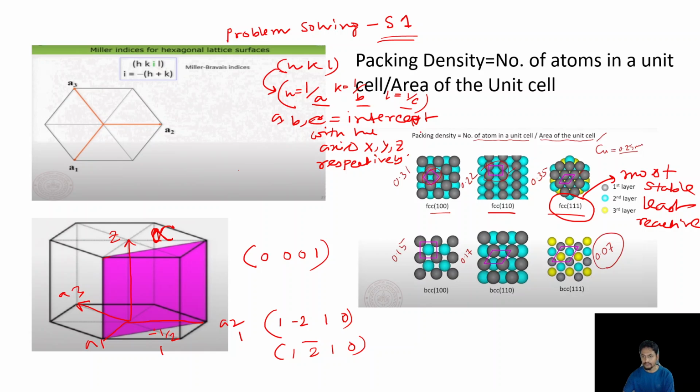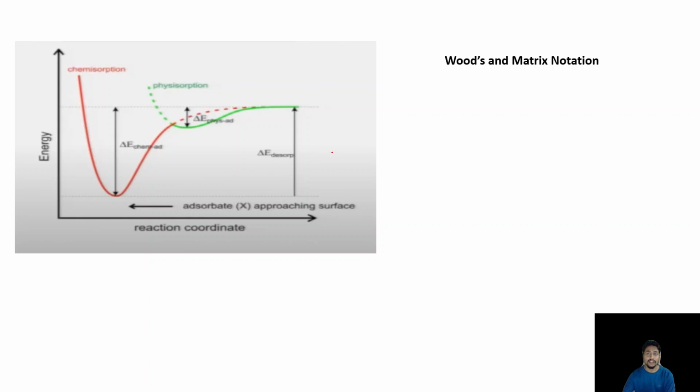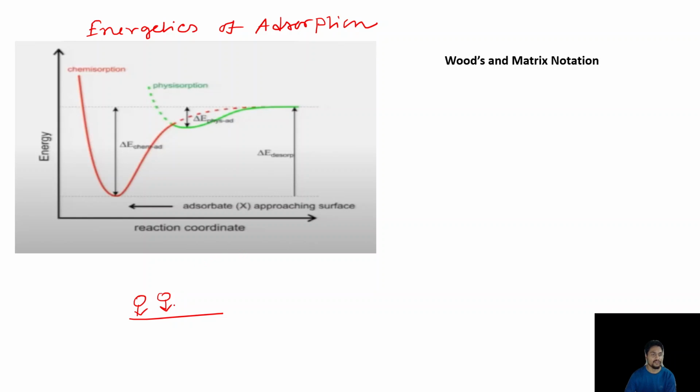Now this is the very important thing about chemisorption and physisorption, and also the energetics of the adsorption. Let's say this is the surface and some adsorbent molecules are coming like this. At first it will be physisorbed, then it will be chemisorbed, and chemisorbed means some kind of bond formation is there.